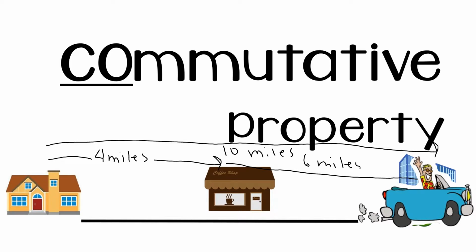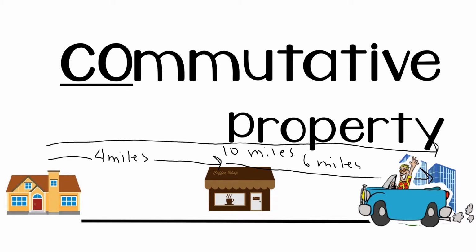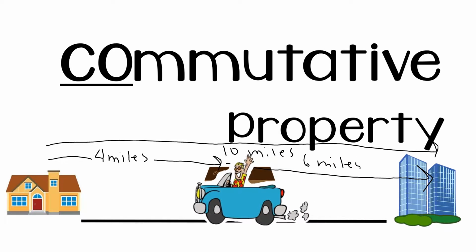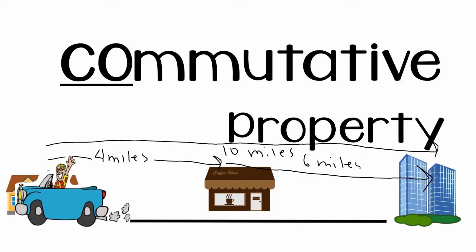Now, your uncle has spent a long day of working, and he is ready to go home. However, he decides he's going to treat himself to some more coffee. So he drives 6 miles from his office back to the coffee shop, and then another 4 miles from the coffee shop to home, for another total of 10 miles.